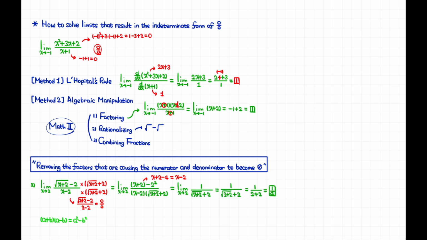Now, from your point of view, the second method, which is the one taught in Korean high school, might seem kind of inefficient because with L'Hopital's rule, which is method number 1, you don't have to worry about the form too much, right?